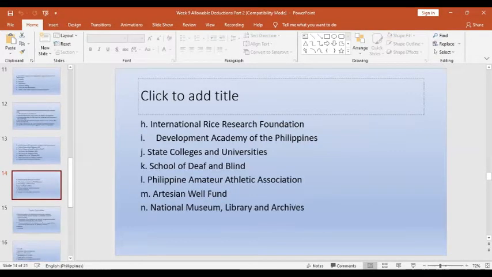International Rice Research Foundation, Development Academy of the Philippines, state colleges and universities, School for the Deaf and Blind, Philippine Amateur Athletic Association, Artisan Welfare Fund, and the National Museum, Library, and Archives.